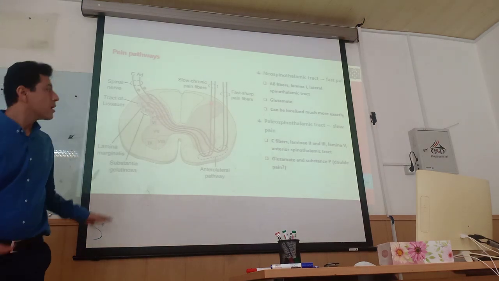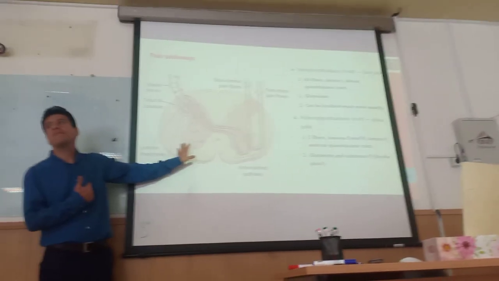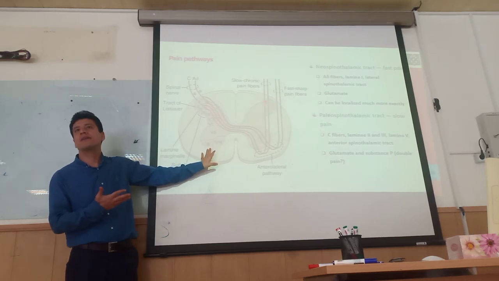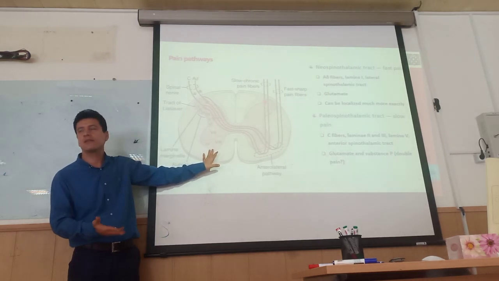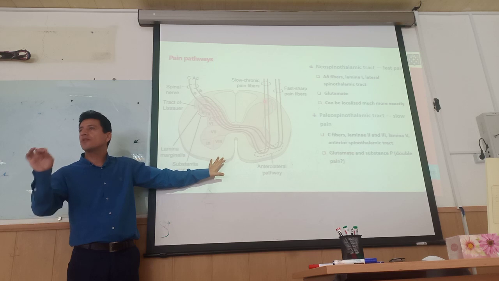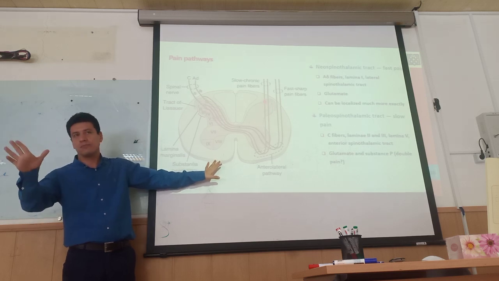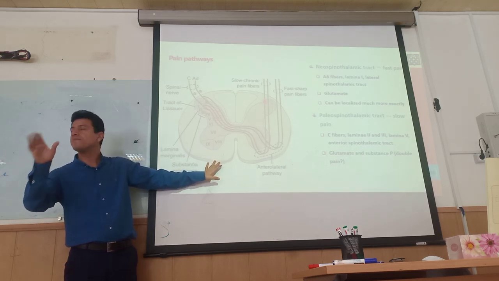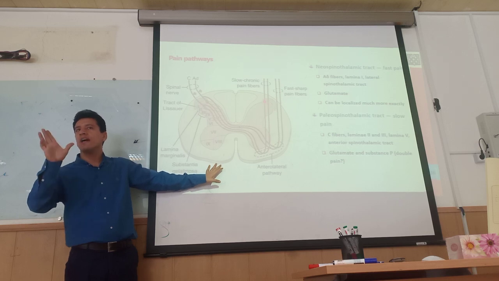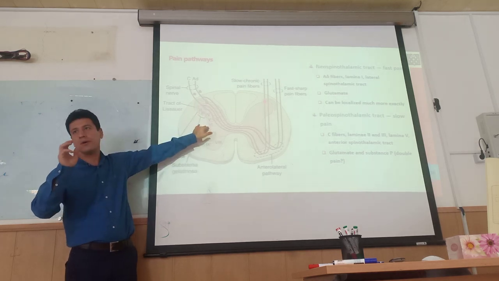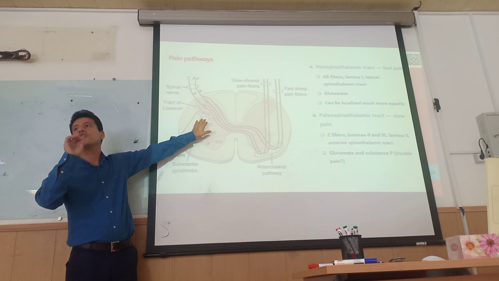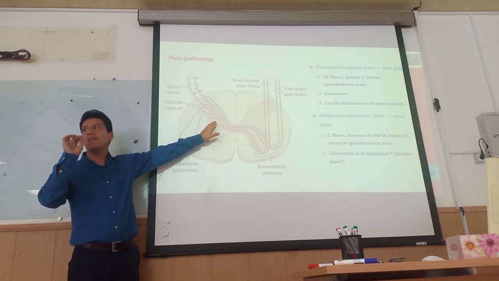Yeah. So the distinctions between the paleo-spinothalamic tract and neo-spinothalamic tract. Neo-spinothalamic tract originates from A delta fibers, right? But paleo-spinothalamic tract originates from C fibers. C fibers carry chronic pain, but A delta fibers carry fast pain.